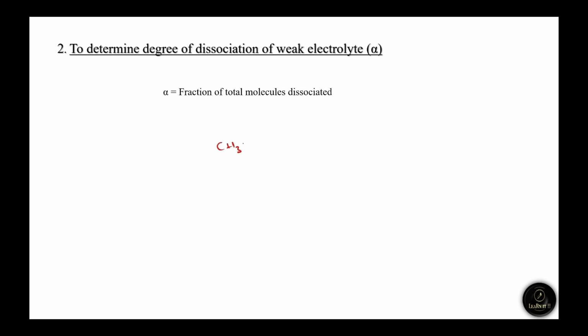consider acetic acid, which is undergoing dissociation to form H plus and CH3COO minus. Here consider there is 1 mole of acetic acid. So out of 1 mole, 0.1 mole is dissociated into H plus and CH3COO minus ions.